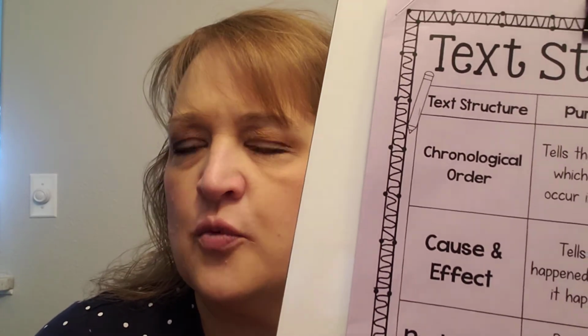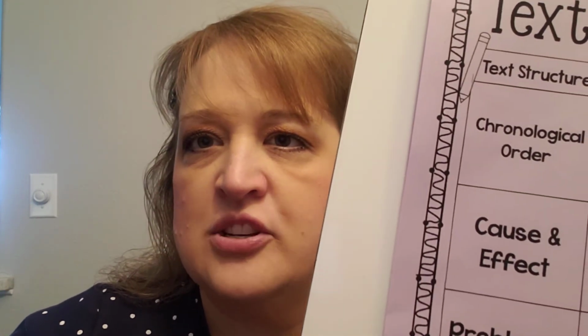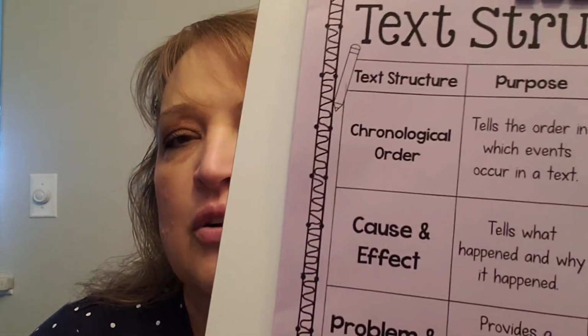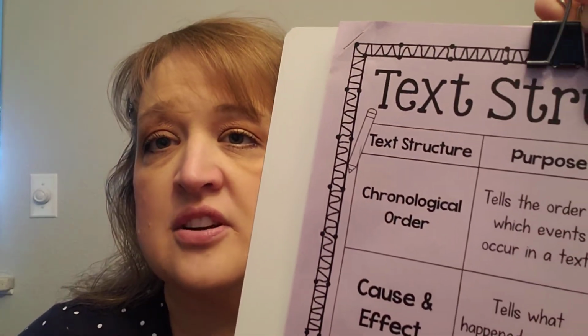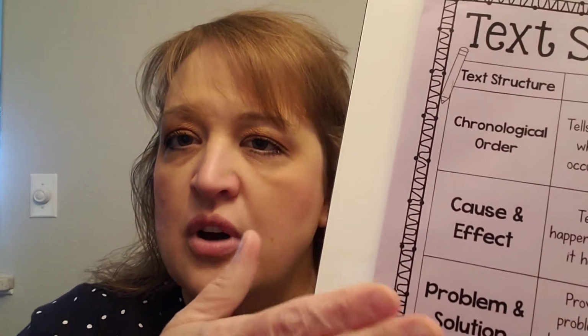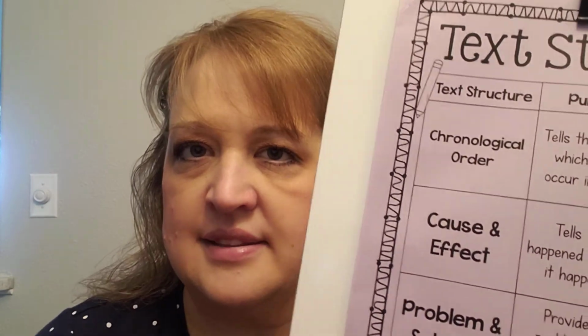You wouldn't start with birth and then jump to age 8 and then go back to age 2 and then go forward to age 4. That doesn't let people see the chronological order. So chronological order means that you start at the beginning and you go in an order that makes sense.